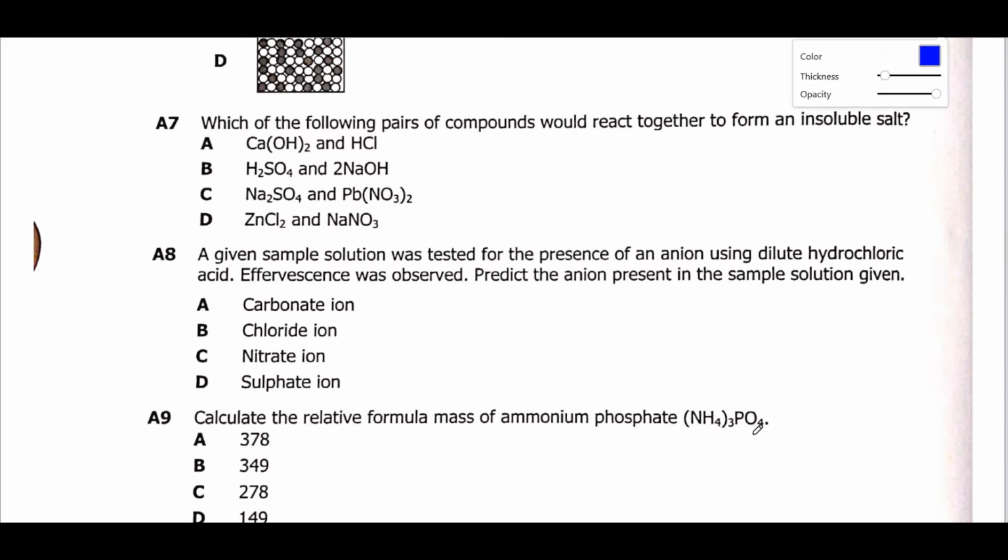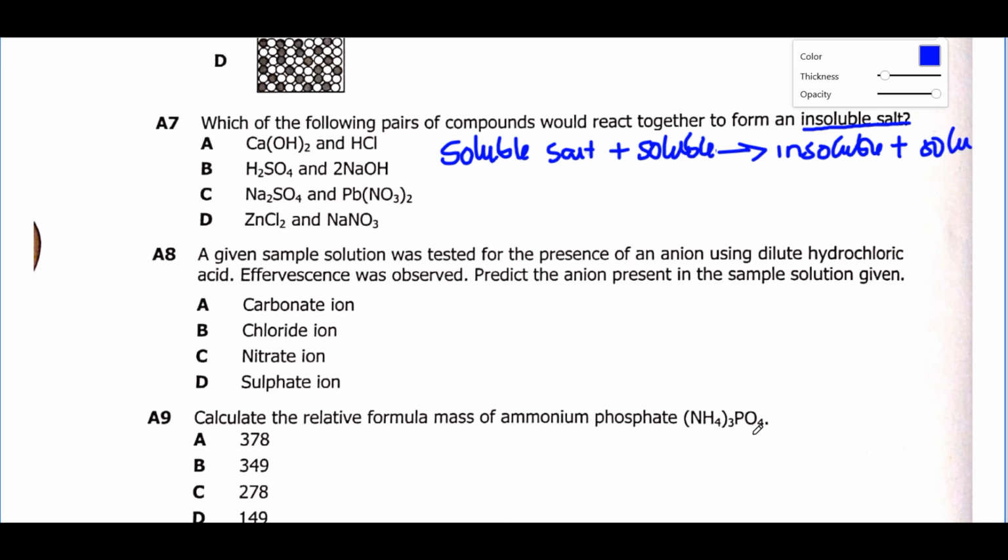We move on to question number 7. Which of the following pairs of compounds would react together to form an insoluble salt? To make an insoluble salt, number 1, you need to know that you are supposed to have a soluble salt plus another soluble salt or soluble substance, giving you an insoluble salt plus a soluble salt.